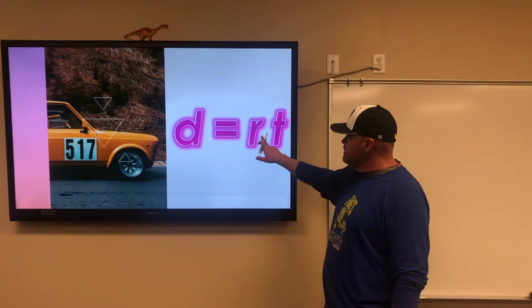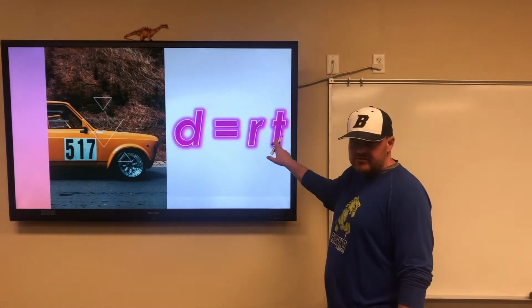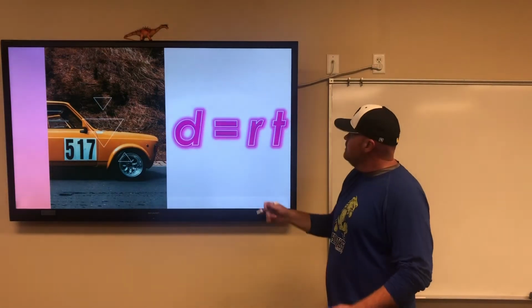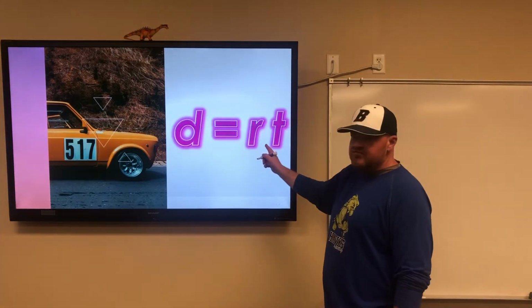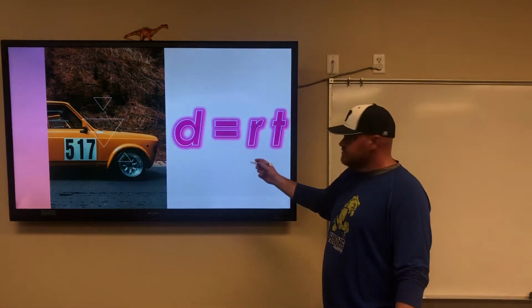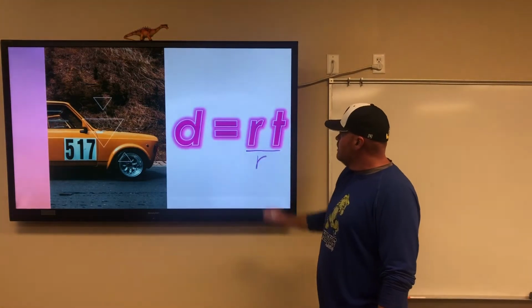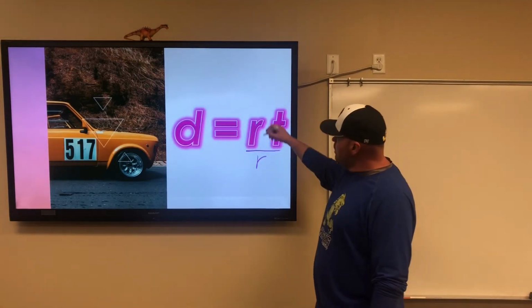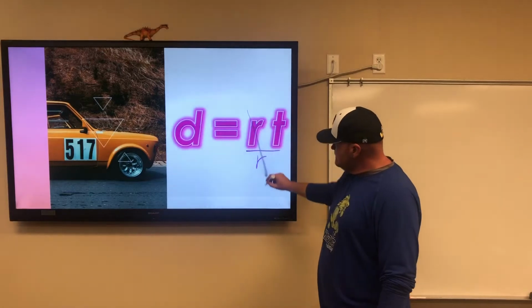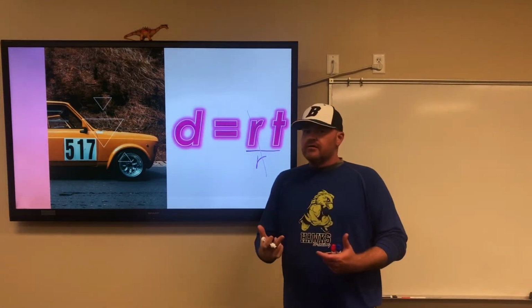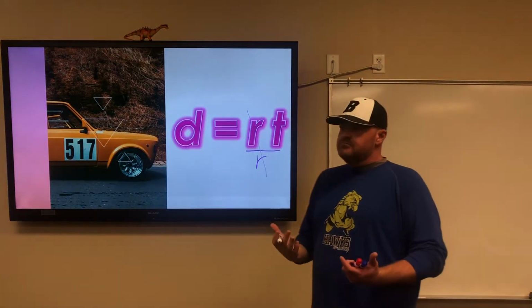So remember, when you have two variables next to each other like this, it means they are multiplying. So the inverse of multiplication is division. So I'm going to divide by r. Now if I divide by r, these two essentially cancel out, because r divided by r is basically 1, right?